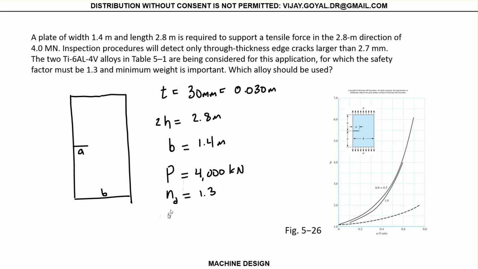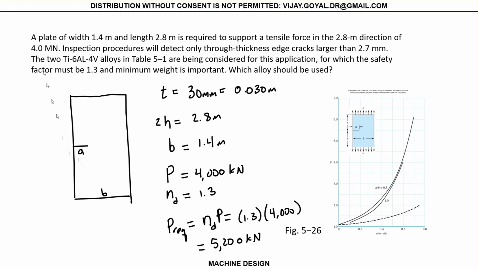So immediately we know from the problem that your P required would be N_D times P, and that would be 1.3 times 4,000, and that would give you 5,200 kilonewtons.